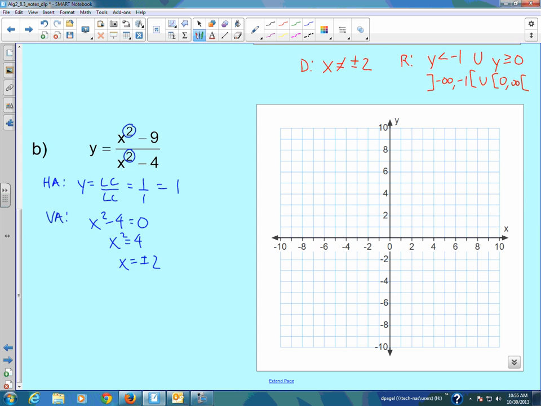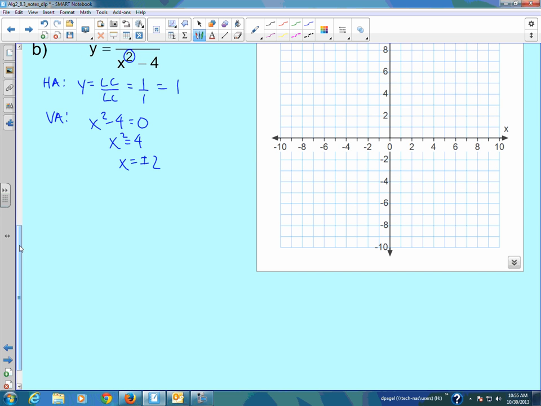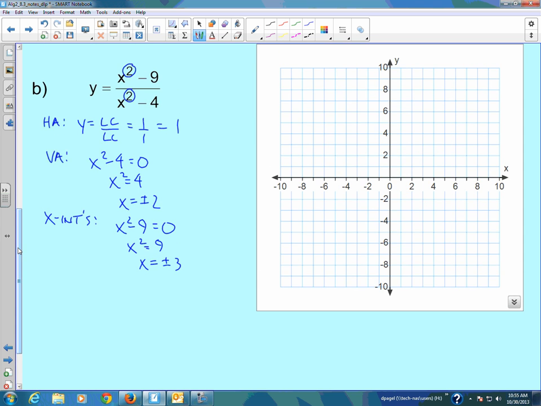And horizontal, x-intercepts, you would set x squared minus 9, a numerator, equal to 0. And find out that I have plus or minus 3 for this one. All right, so let's go ahead and put all this in here. Asymptotes, y equal 1.